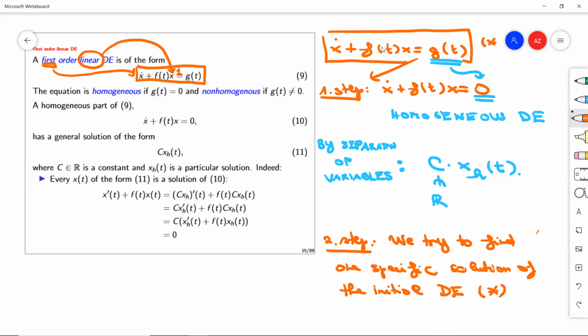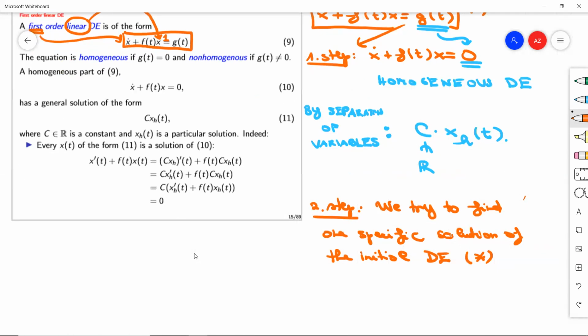I will mark this initial DE by a star. We denote this solution by x_p of t. It's called the particular solution.